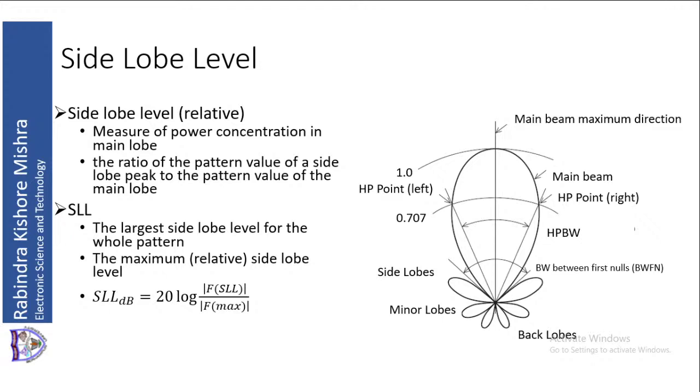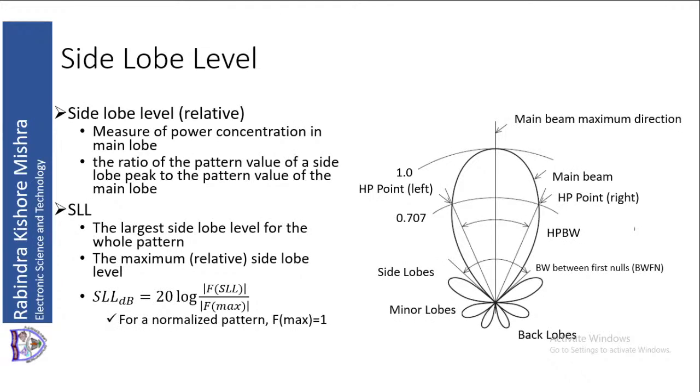There will be maximum power in the main lobe, then there will be some power in the side lobe. So the side lobe level will be the ratio of the field available in the side lobe to that available in the main lobe.